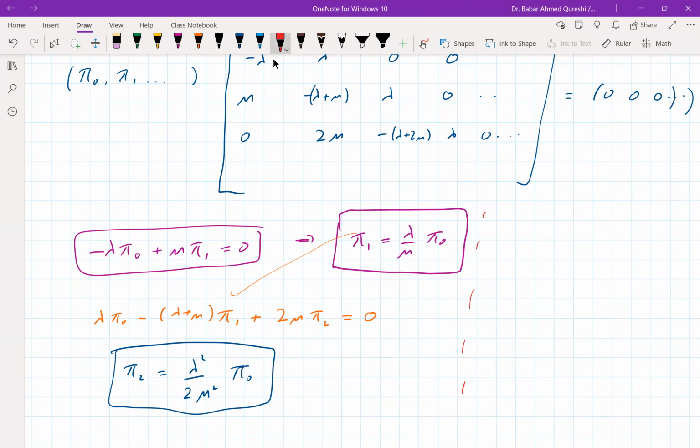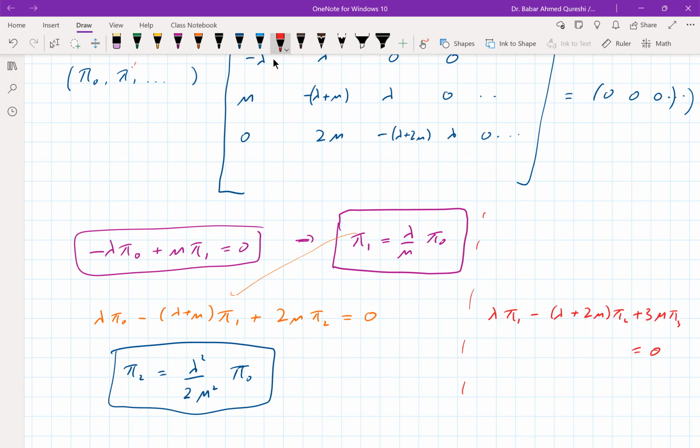So it doesn't pick up pi 0, it picks up only pi 1. So I get lambda pi 1 minus lambda plus 2 mu pi 2 plus 3 mu pi 3 is equal to 0.